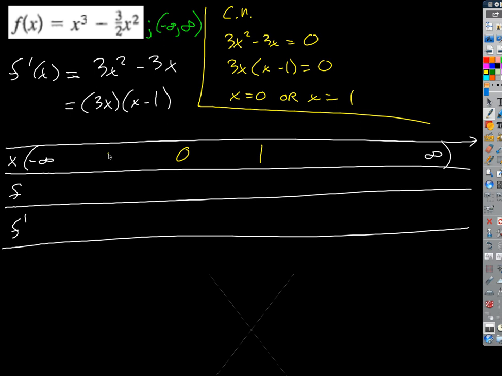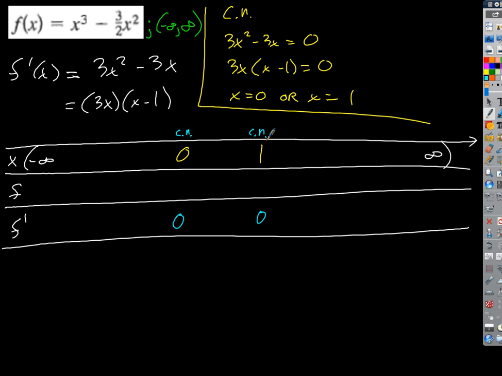So if we go down to row 3, we know that the derivative has a value of 0 at 0, and a value of 0 when x equals 1. Those are zeros of the first derivative, and therefore we can identify those as critical numbers, right?